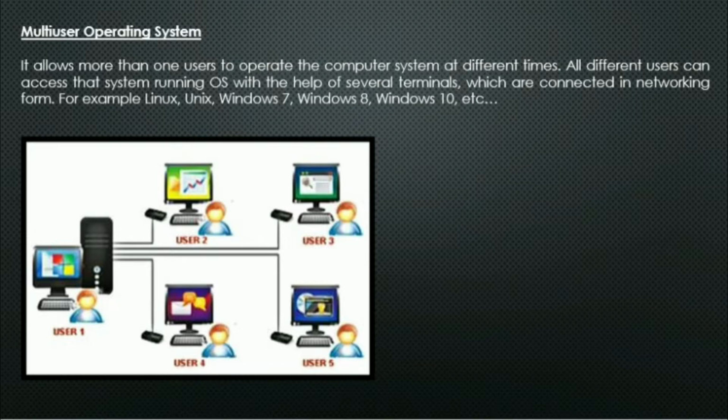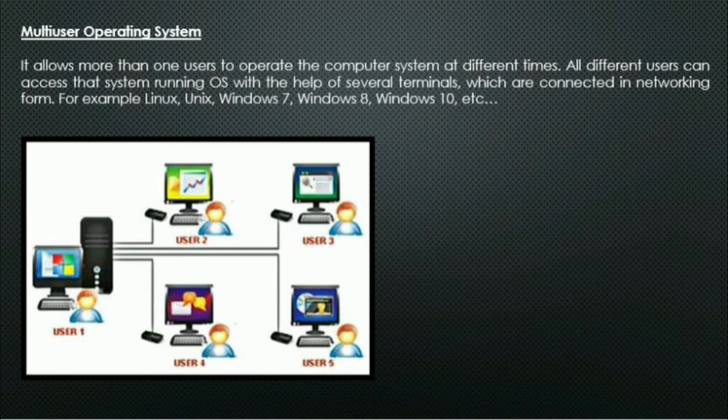In the figure you can see there is only one CPU, and user 2, user 3, user 4 and user 5 do not have a CPU. Additionally, you can see a small device, which means all these users are connected to the only one CPU by networking. Networking simply means, you may have heard about a router or modem.